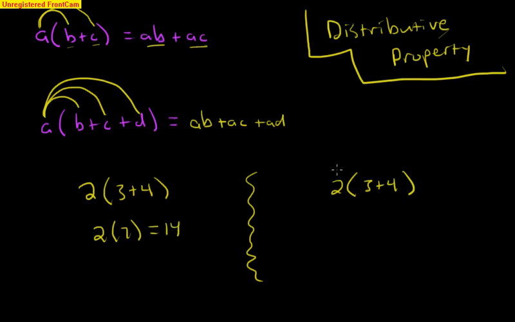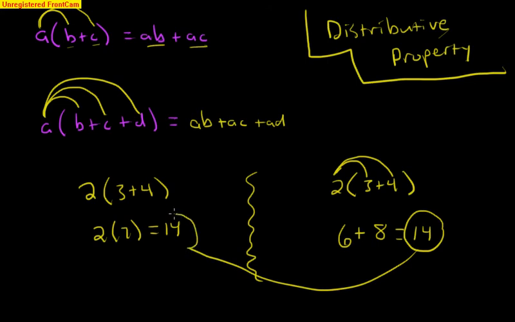And now with the distributive property, we might say, well, I'm not going to simplify 3 plus 4. I'm going to distribute this through and say 2 times 3 is 6 plus 2 times 4 is 8. The answer is 14. We get the exact same answer regardless of how we do it.